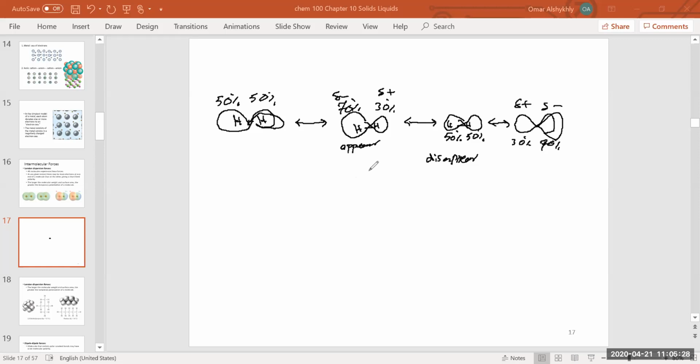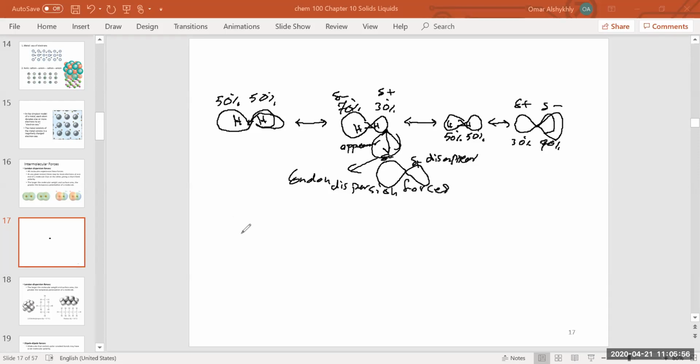Now, if there is another molecule close to it with the same situation, partial positive, partial negative, they will attract each other. These attraction forces are the London dispersion forces.